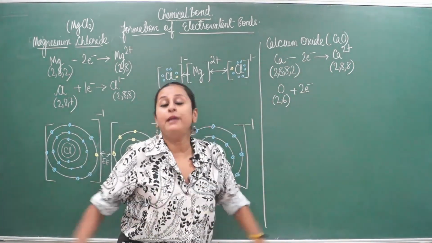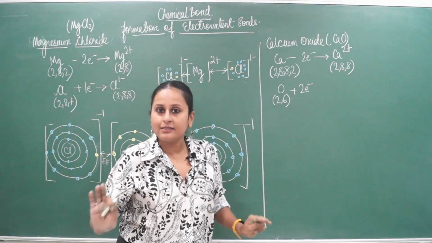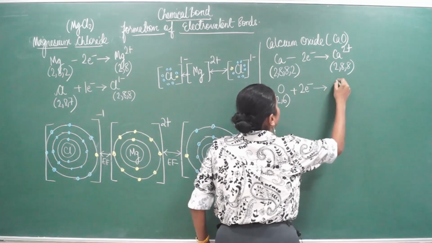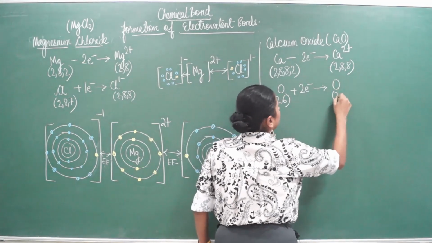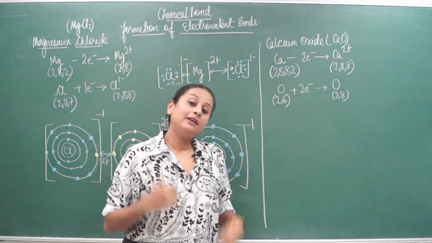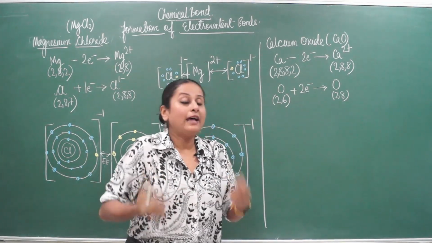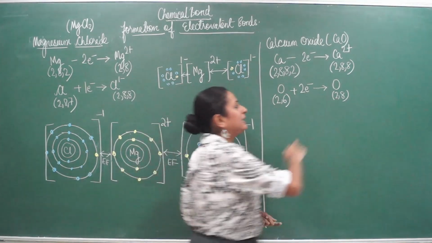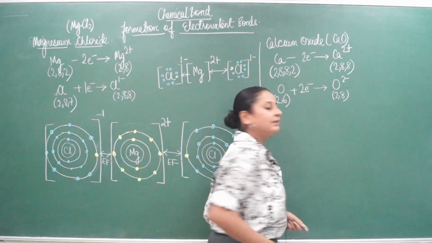This is completely theoretical. It is not necessary at all, but this is just for the sake of your understanding. So now this oxide has 2,8. So it has 10 electrons, but it has only 8 protons. So who has more charge? Electrons. And by how much? 2. So what will it get? 2 minus charge. Is that clear?